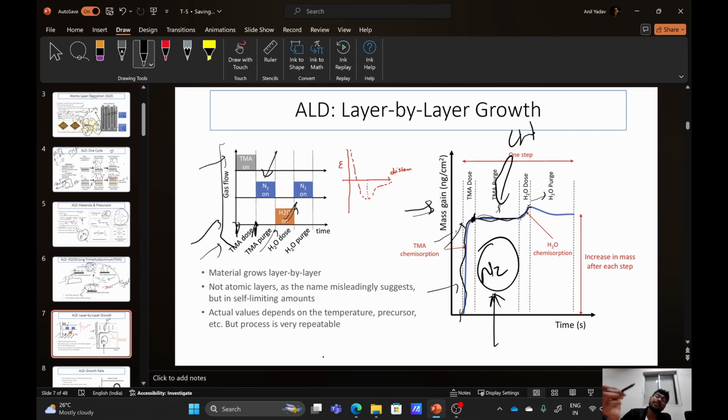If you give further H2O, that won't affect much. The H2O has reacted chemically as well as adsorbed physically. The physically adsorbed H2O gets removed during the purge time, and the chemically reacted H2O that has already formed Al2O3 will remain, because that cannot be removed.